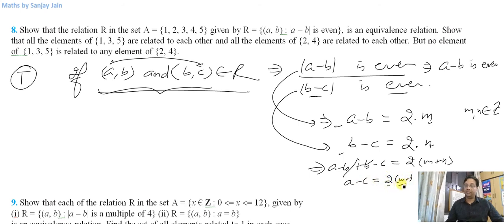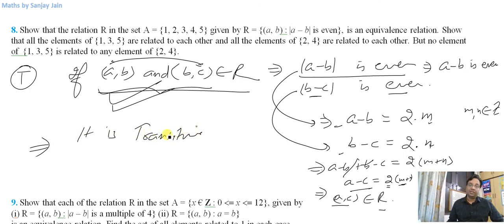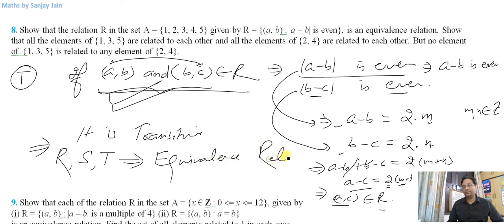That implies (a, c) is present in this relation R. So I started with the assumption that (a, b) and (b, c) are in this relation R. That implies that (a, c) belongs to this relation R, which is the sufficient condition to say that it is transitive. So I have shown three things: that the relation is reflexive, it is symmetric, it is transitive. Hence I can say it is an equivalence relation.